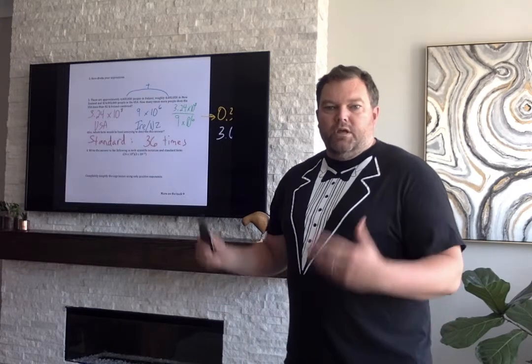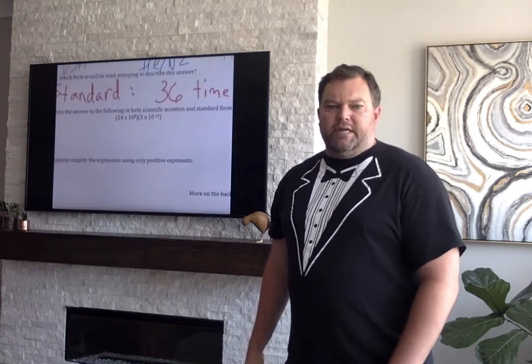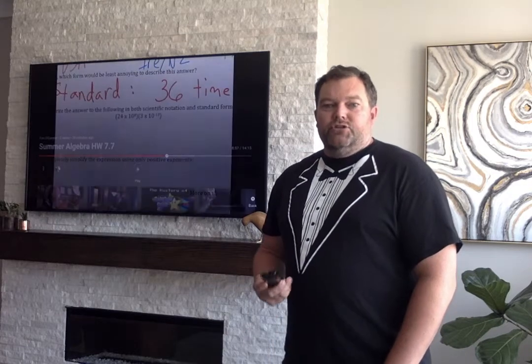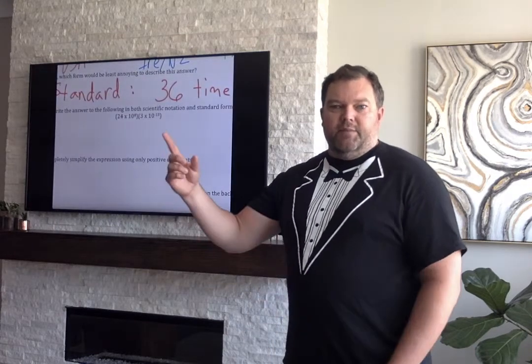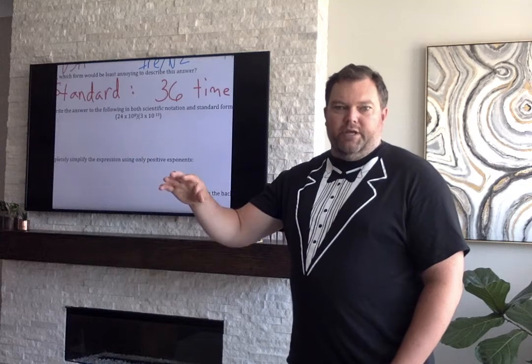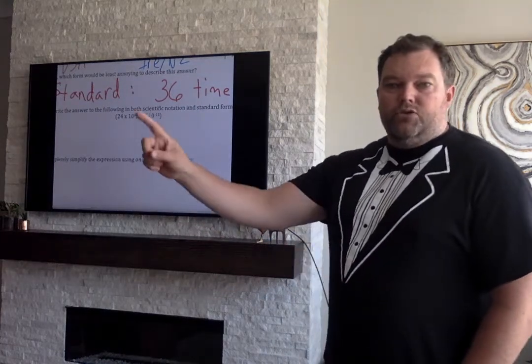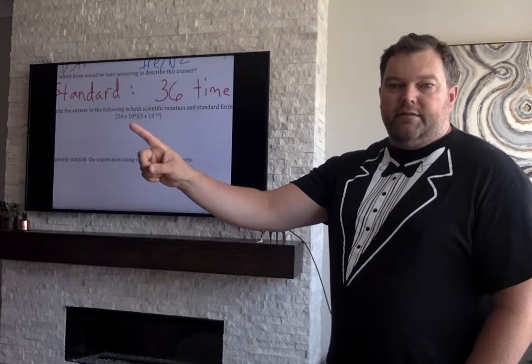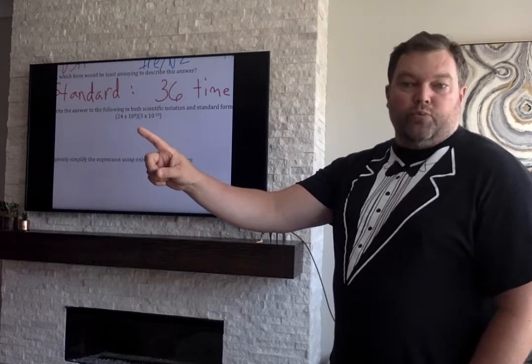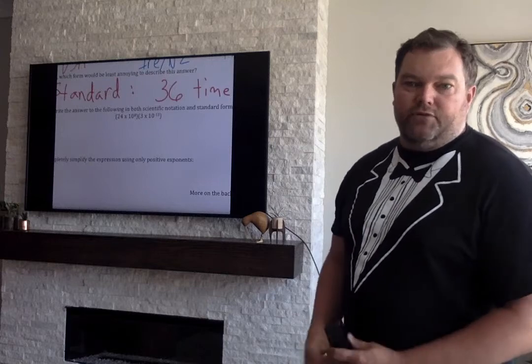Okay, moving on to the next one. I hope I zoomed in on this a little bit. So this next one is kind of like an example problem I did before I got to this quiz. And you can see we've got a number here, which is 24 times 10 to the 8th times 3 times 10 to the negative 13th.